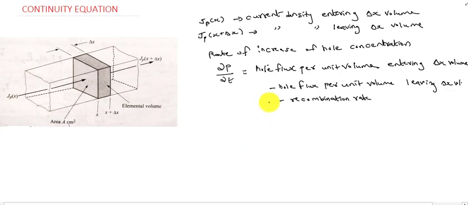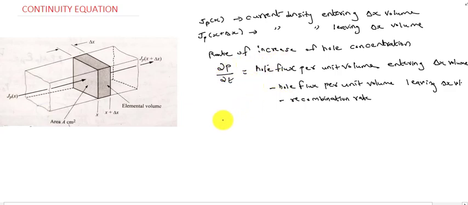So the rate of holes entering minus the rate of holes leaving minus the recombination rate will give the net rate of hole buildup in this p-type semiconductor. With this concept we will derive the continuity equation. This rate value will give the continuity equation. Similarly, we can derive the rate of increase in electron concentration by considering an n-type semiconductor.